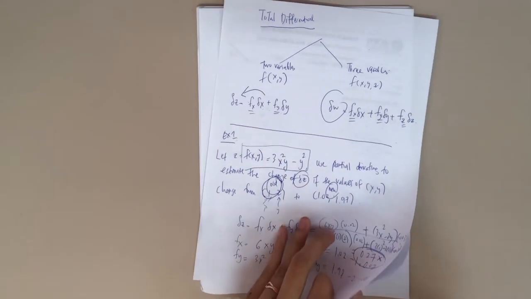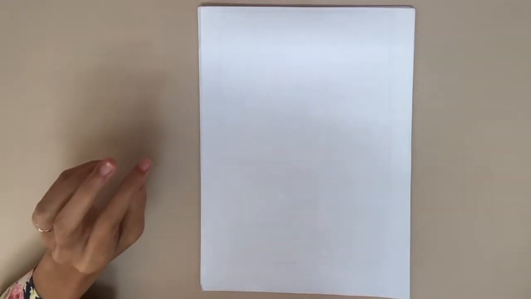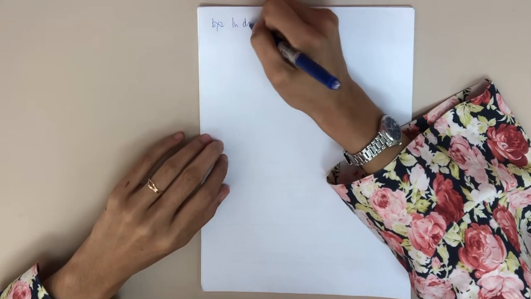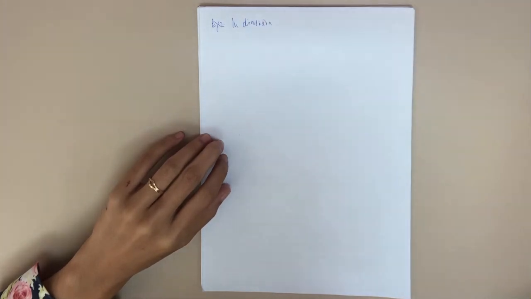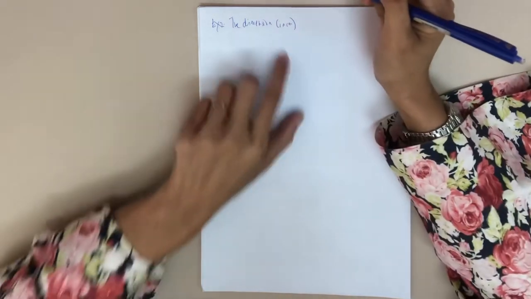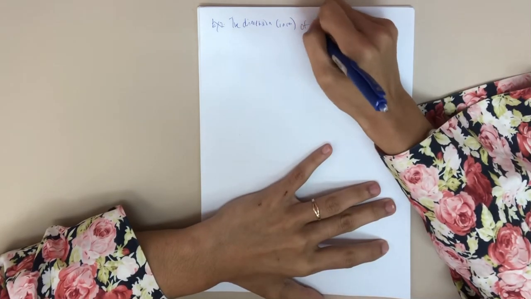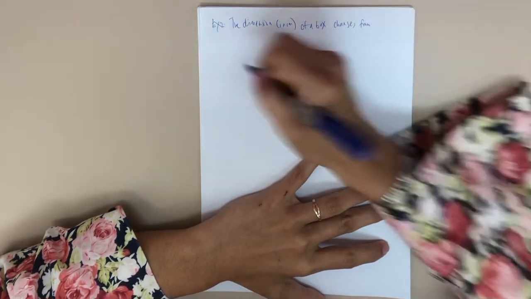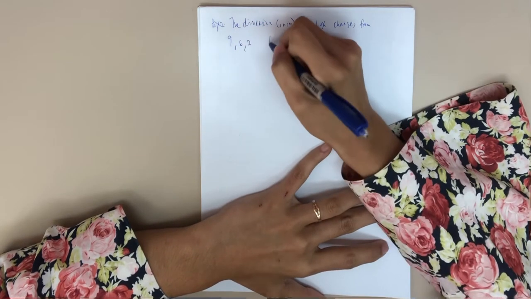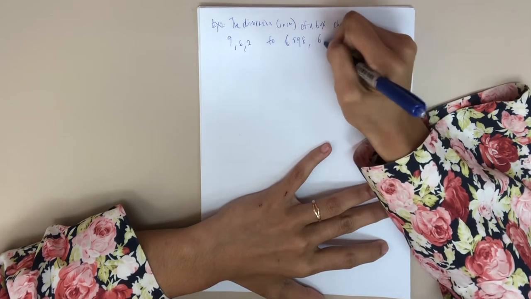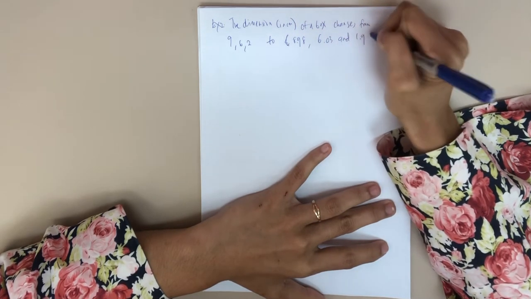So now, this is the example of two variables. So I give you another example, for three variables. Example 2. The dimension in centimeter of a box changes from 9.62 to 8.98, 6.03 and 1.99.